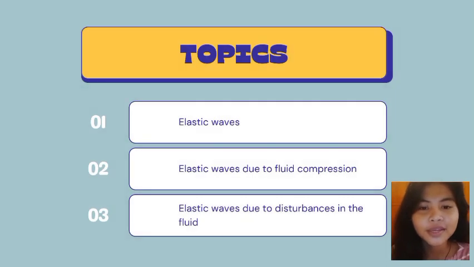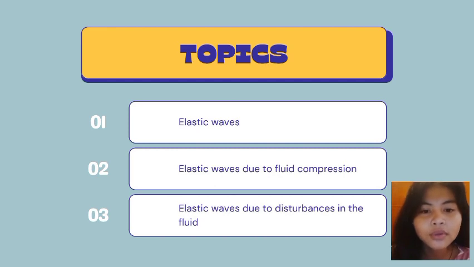As you can see on your respective screens, these are the topics that we are going to discuss later on. The very first one is for us to define what elastic waves are. The second and third topics are related to the concepts of elastic waves.